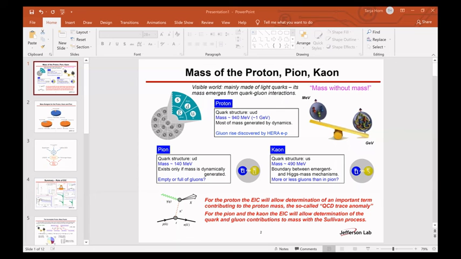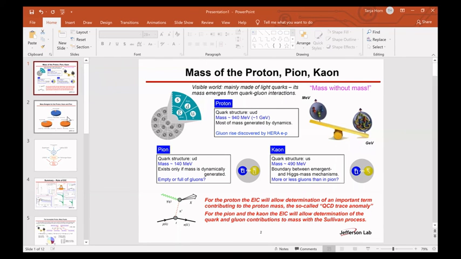I could share very briefly, in case there are any questions, essentially the slides that we just looked at. The mass of the proton, pion, kaon, obviously it's very important. We have to understand it.